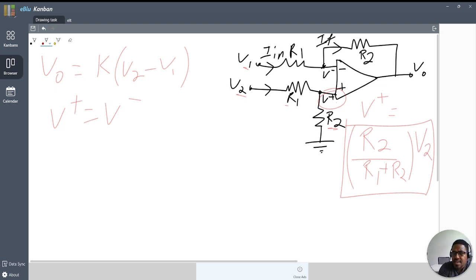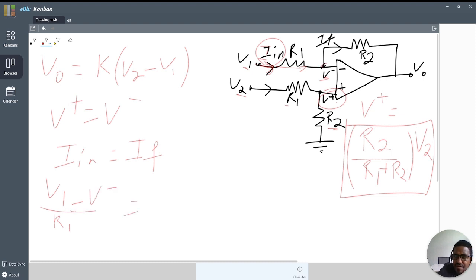Again, applying KCL, I in equal to IF. So let's simplify I in. I in means V1 over R1 minus V inverting.